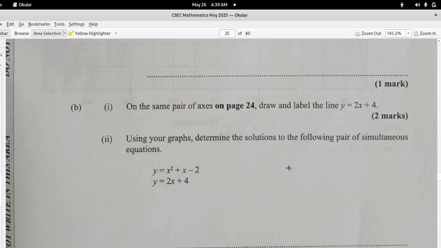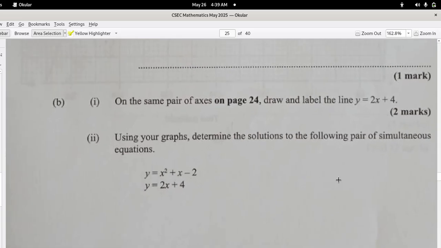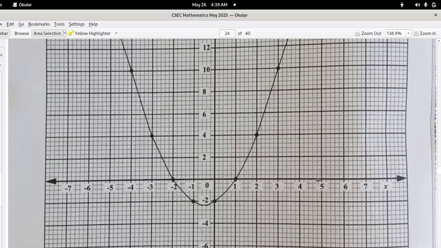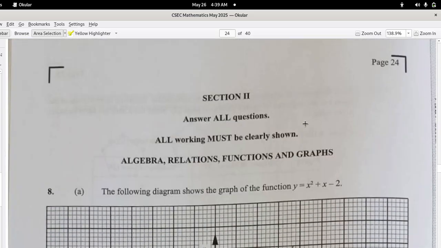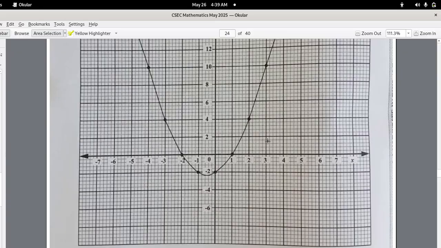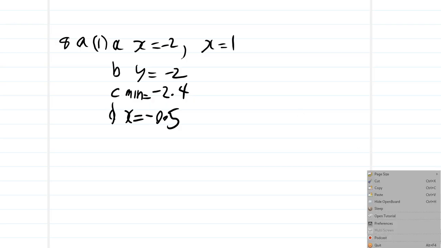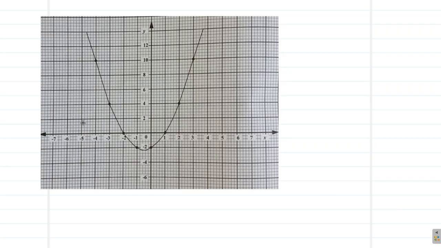Now they say, on the same pair of axes on page 24, draw and label the line y equals 2x plus 4. Alright, page 24, that's this. Let's copy it from here and paste it over here.